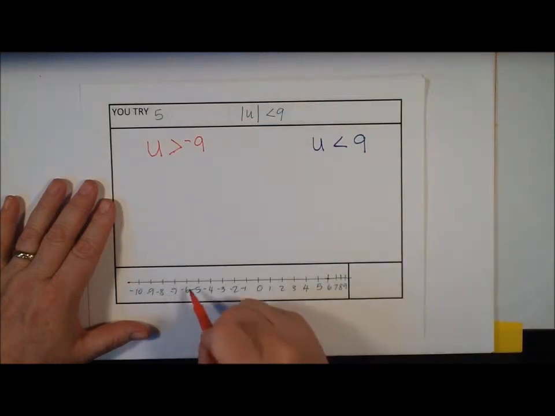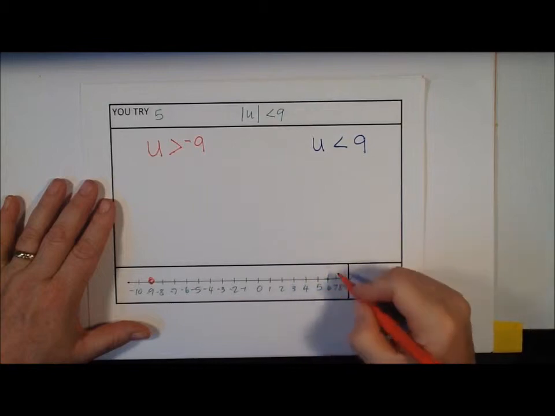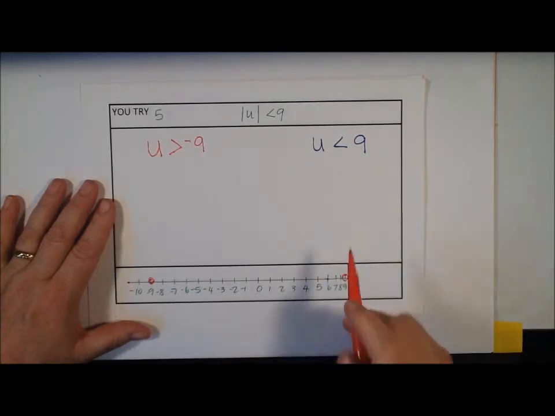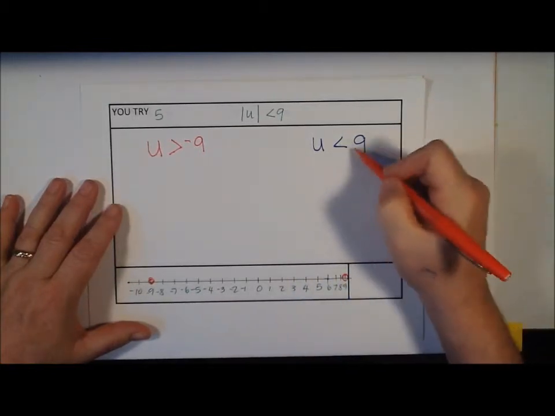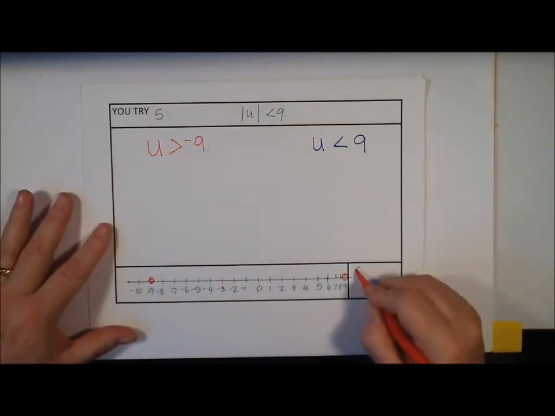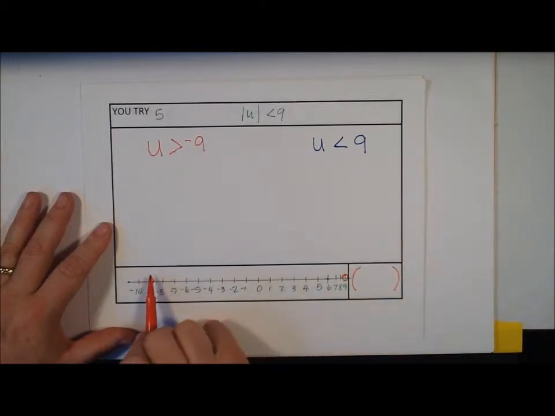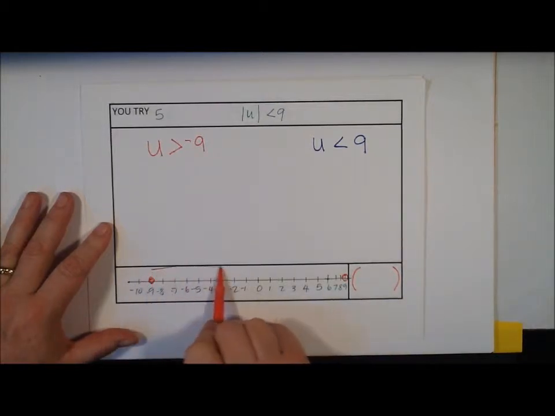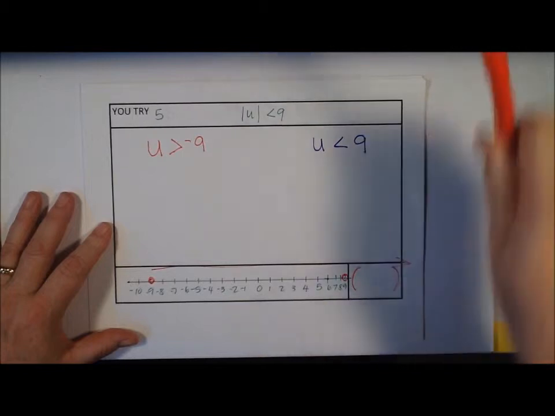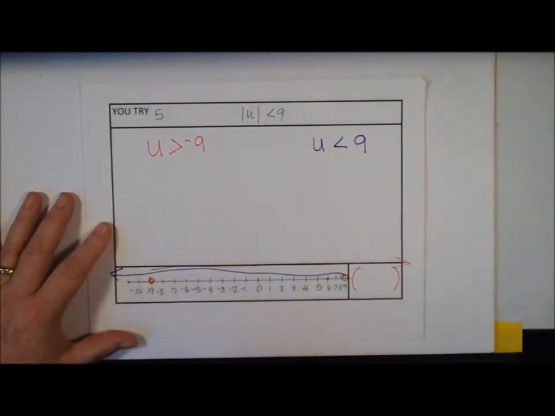So here's negative 9, and here's positive 9. And you notice I made open circles because it's just less than. And I know that my eventual answer will be like that. So here, it's any number that's greater than that, and here, it's any number that's less than that.